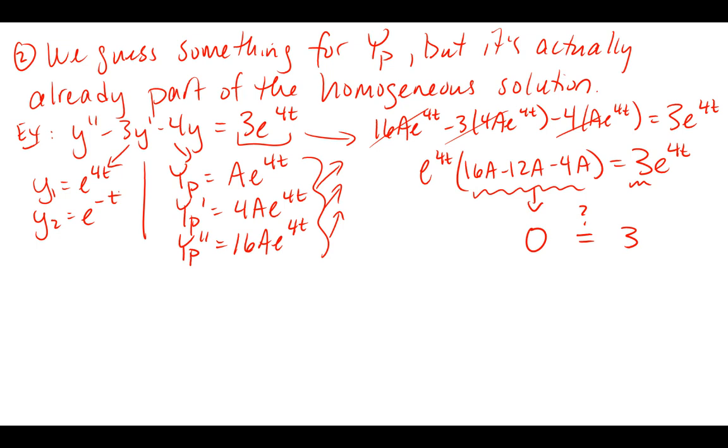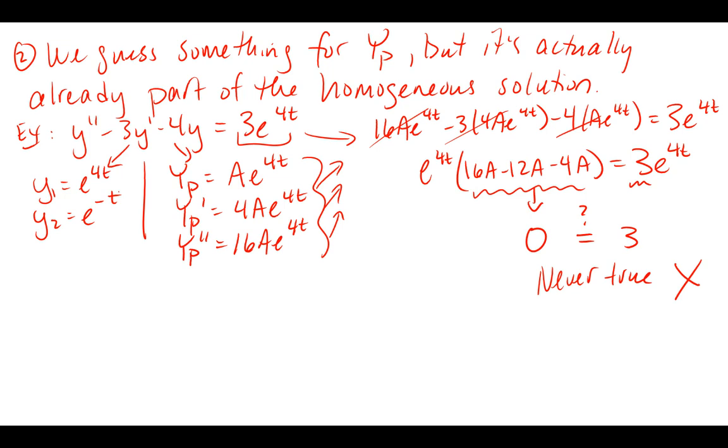So at this moment we sort of say, well, this is never true. We have a fail moment here. This guess and this strategy, not only did I not come up with an answer to the problem, I actually got an impossible situation, like insanity. 0 is equal to 3 is the thing that has to be true for this to work.